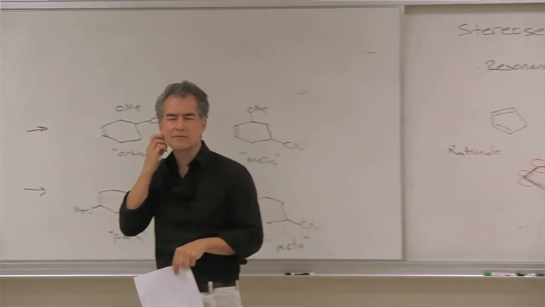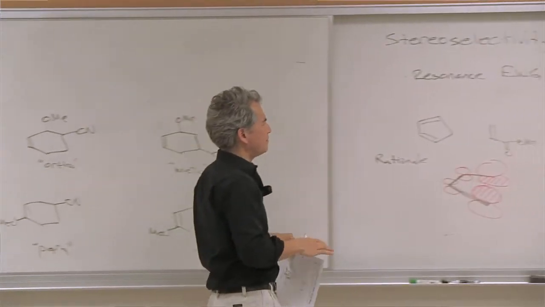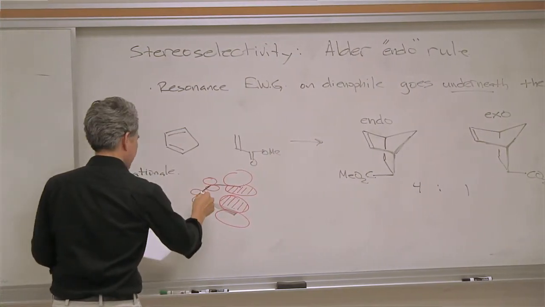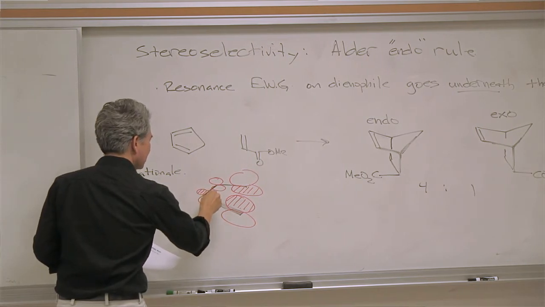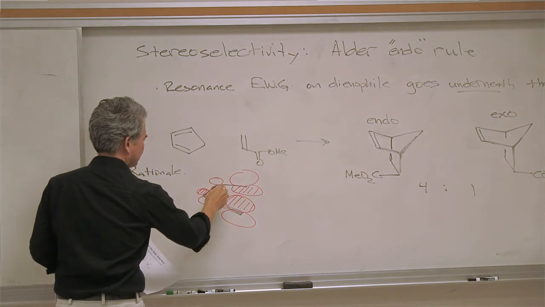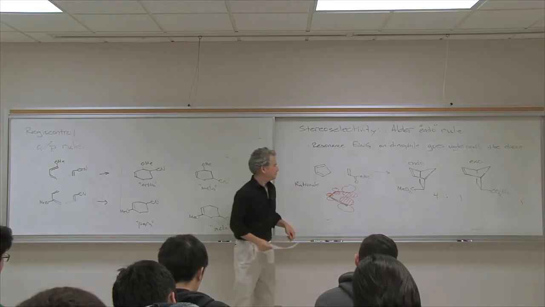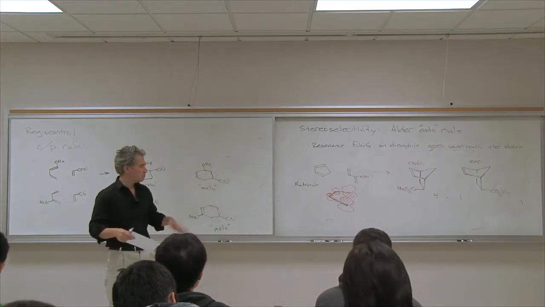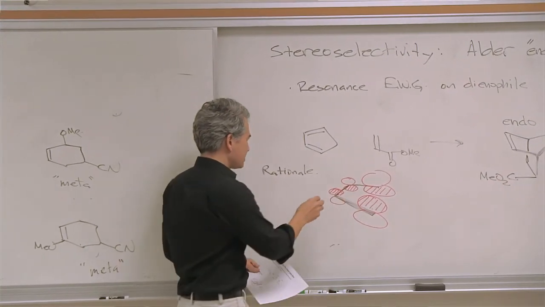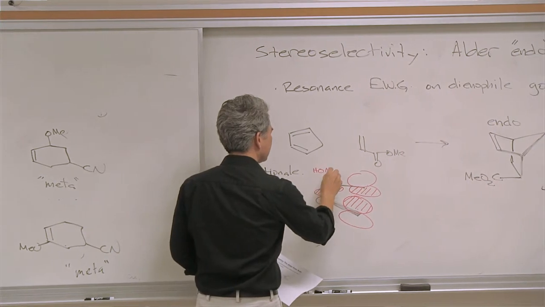So that's my picture for any kind of a diene, not just cyclopentadiene. And now, importantly, I'm also going to phase the other two p-like orbitals that contribute to making the HOMO for the diene. Okay, so that's the HOMO for the diene.